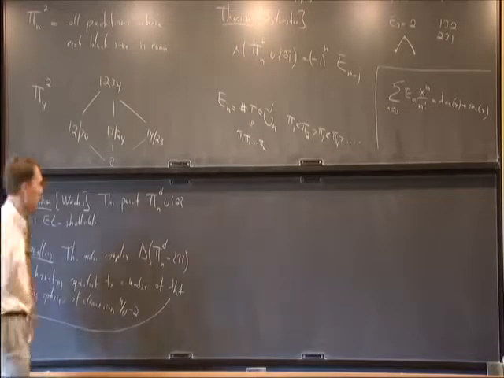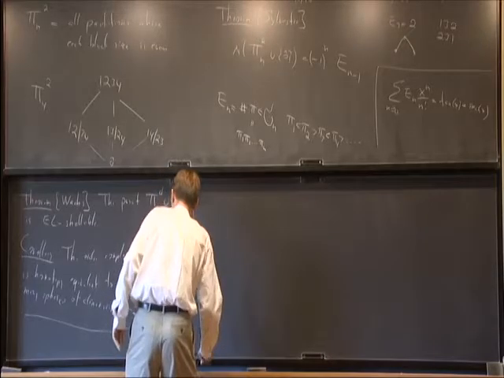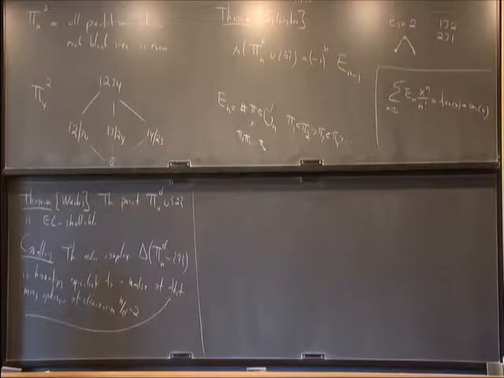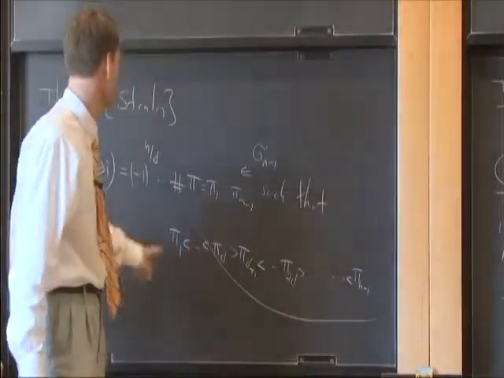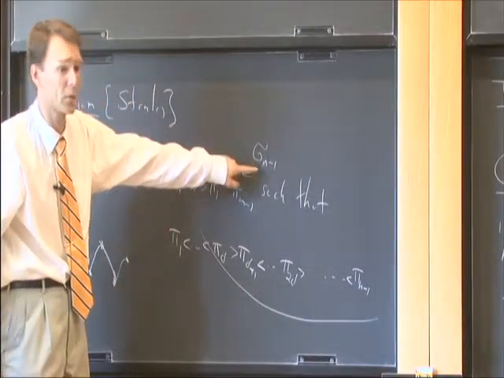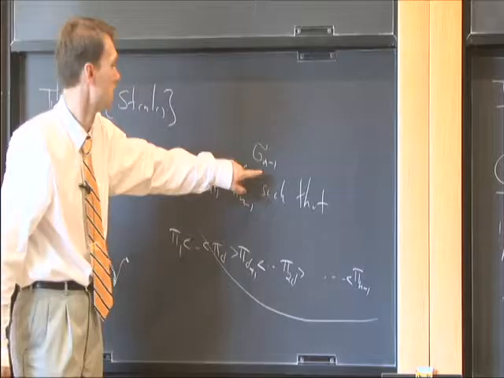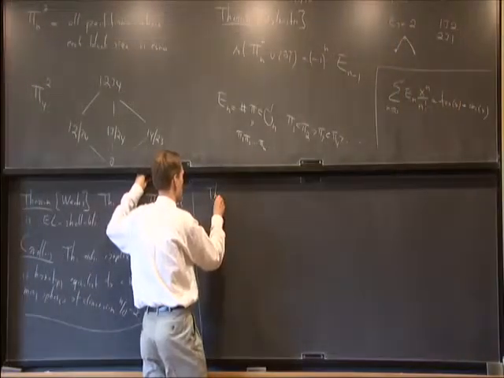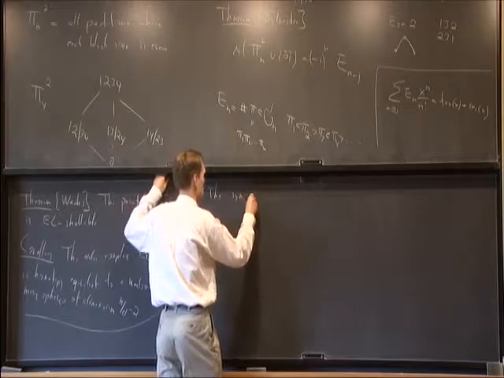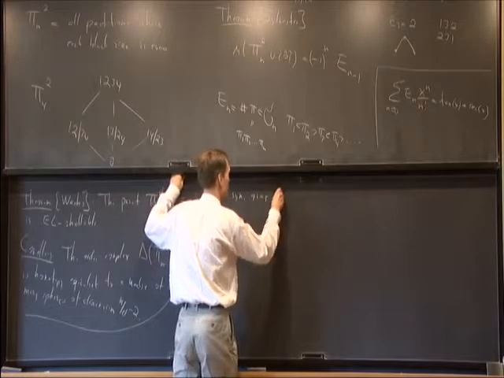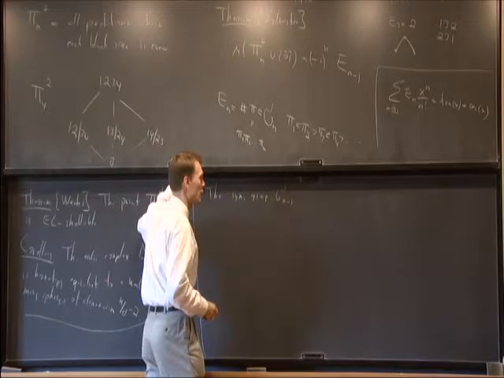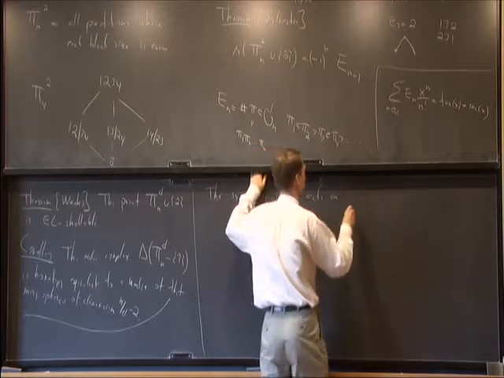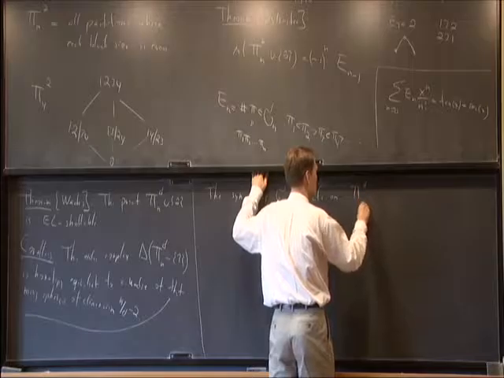Then the next part in the story is, notice that I have these constant permutations on n minus 1 elements. So the symmetric group S_{n-1} acts on this poset.